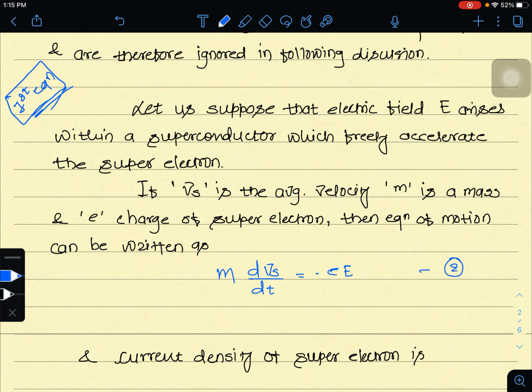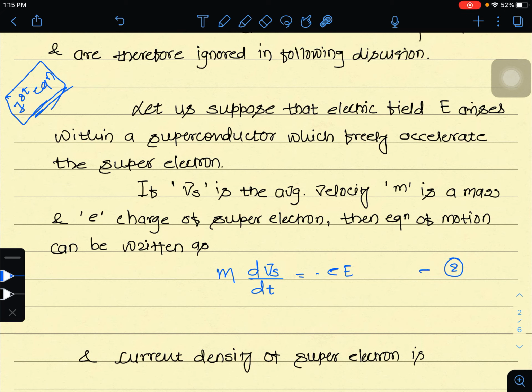Okay guys, so let us suppose that capital E is an electric field which arises in a superconductor with the moving of freely accelerated super electrons.